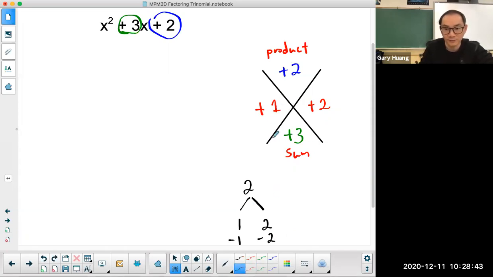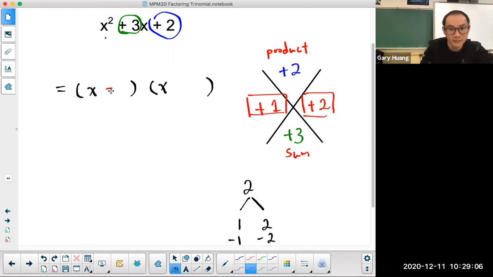So what do I do once I found those two numbers? Well, once you found those two numbers, you're really done. All you have to do is fill in the answer. In order to get an x squared, x and x must be in the front of the brackets, because that's how you make an x squared. What goes in the back of each of the two brackets? Well, these two numbers.